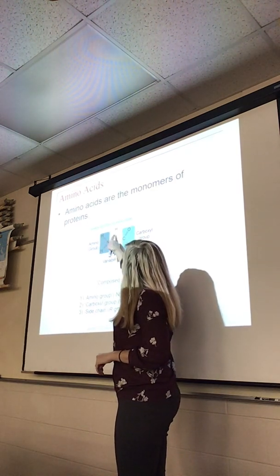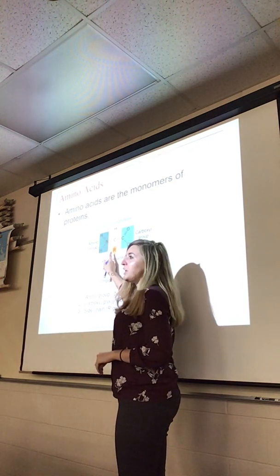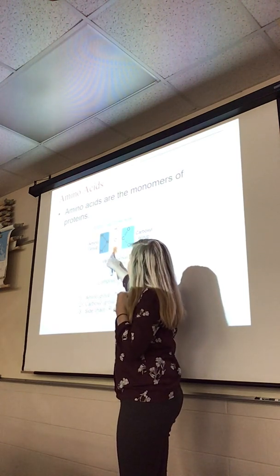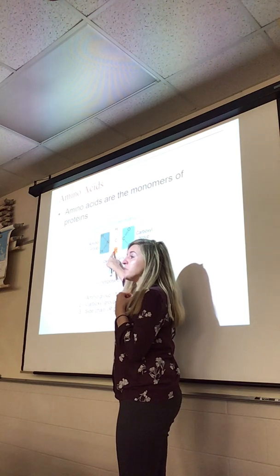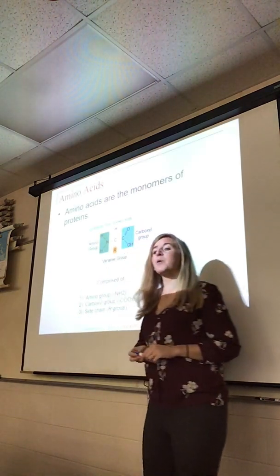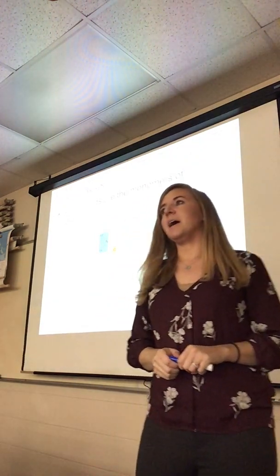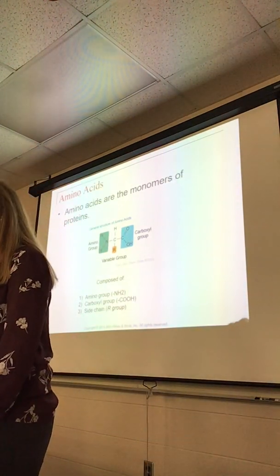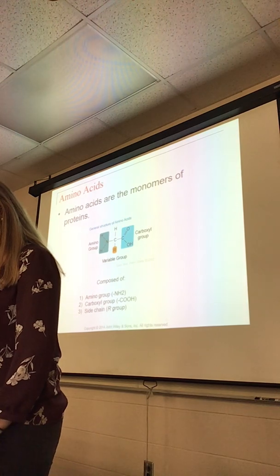They're both bound to a carbon and bound to a hydrogen. And you have about 20 different amino acids. The R group is where they all become different. We are not going to memorize all of them. But again, if you become a biology or a chemistry major, you will memorize them eventually, okay? So we are not going to memorize them all in here.